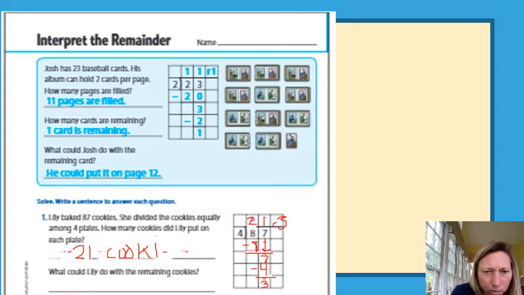What could she do with the cookies? There's no right answer. She could give them away. She could feed it to her cat. I'm going to say she could give them.